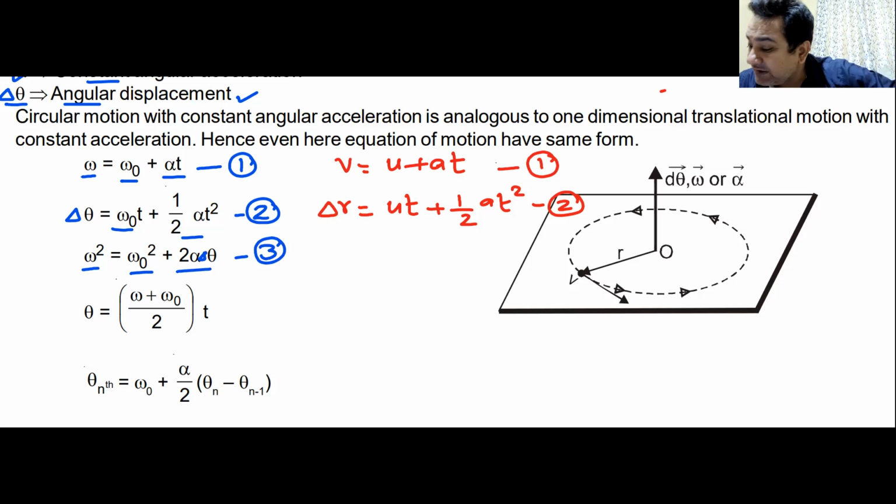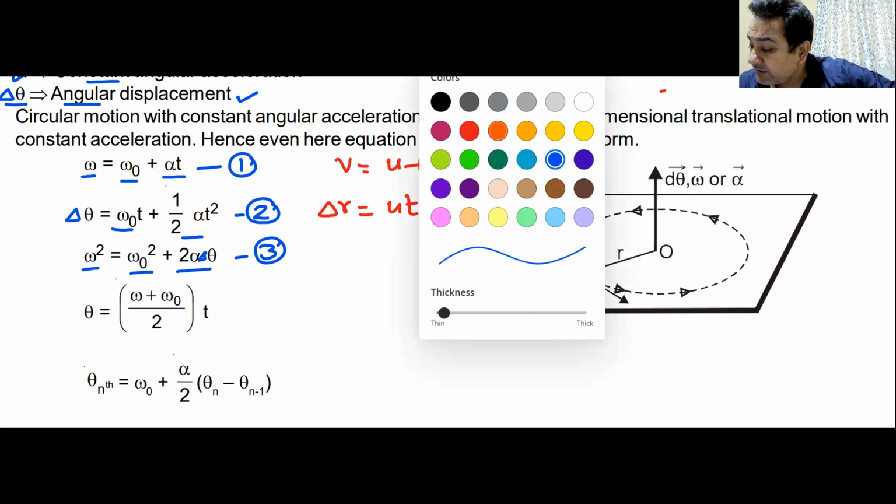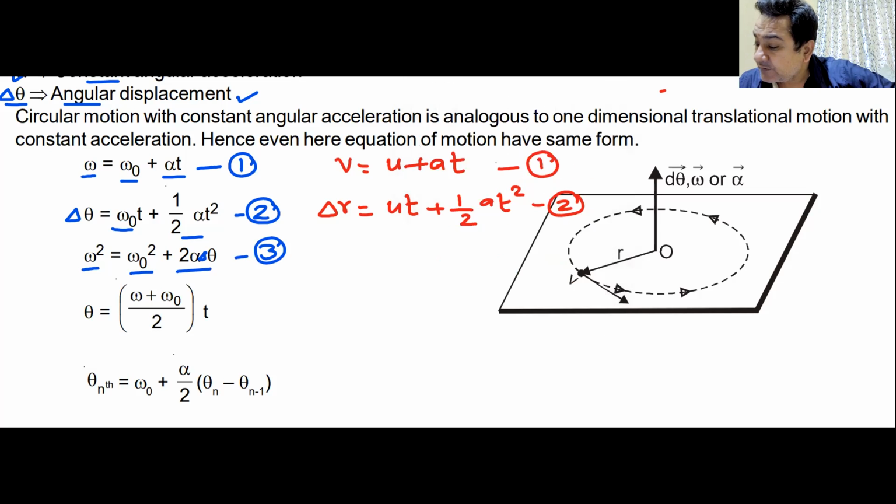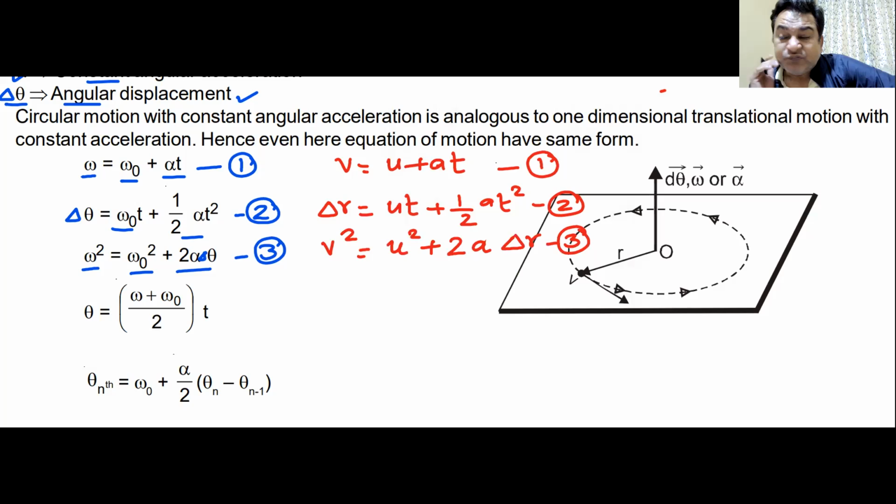You can easily see, Neha, that this equation is the same as v square equals u square plus 2 times acceleration into delta r, which is displacement. Three equations done. Do we all agree on this? Can I have some raised hands? Yes, sir, we agree on this equation and no problems whatsoever.